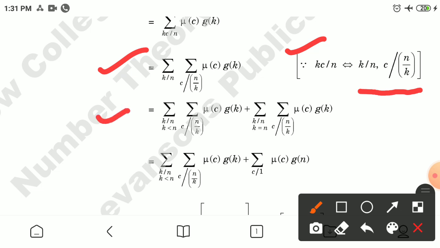Therefore this is equal to the summation over k dividing n, k less than n, of the summation over c dividing n/k of μ(c) g(k), plus the summation over k dividing n, when k is equal to n, of the summation over c dividing n/k of μ(c) g(k).